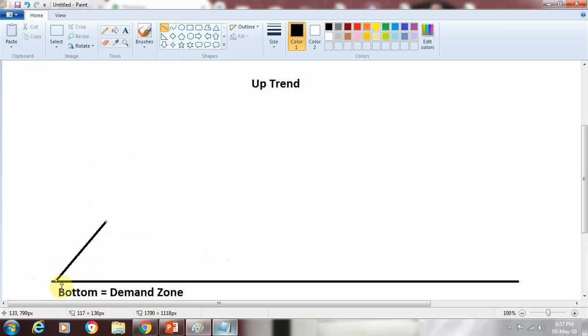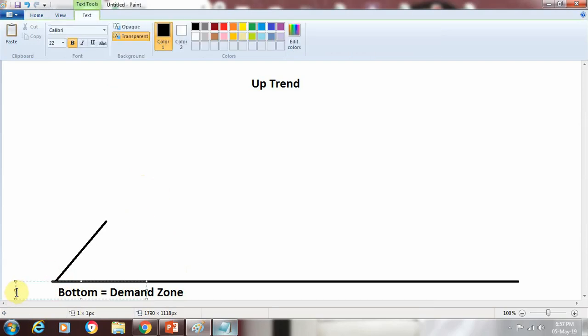So if I say my bottom is this particular level, say roughly 100 rupees, and from there I am here at around 130 rupees.